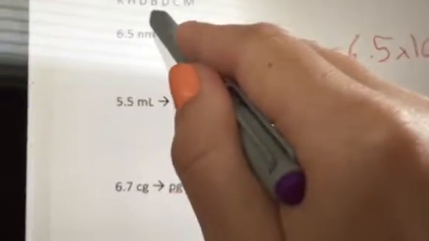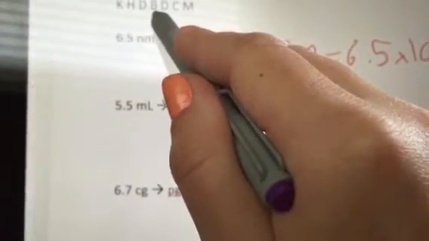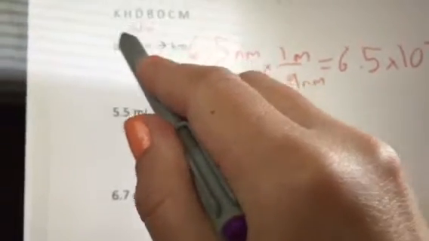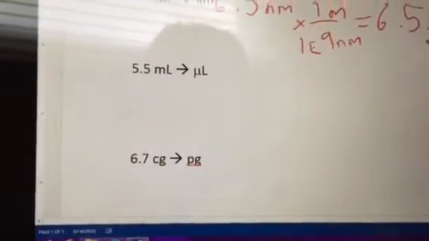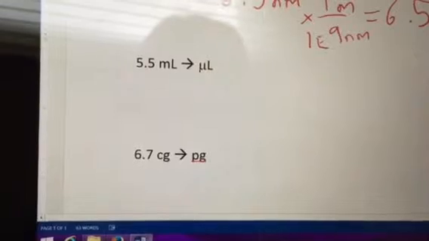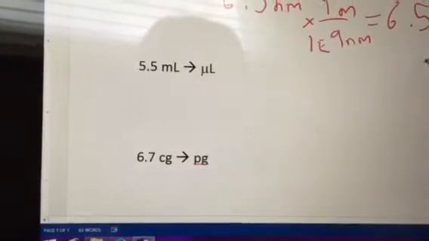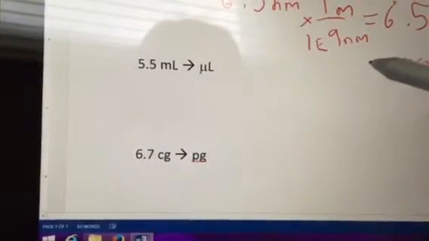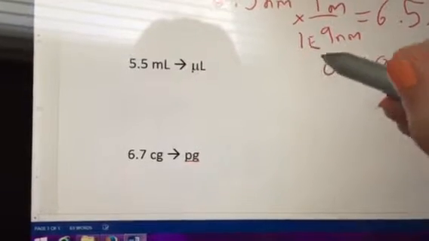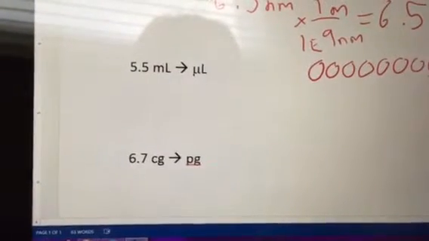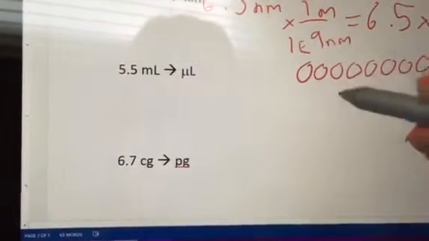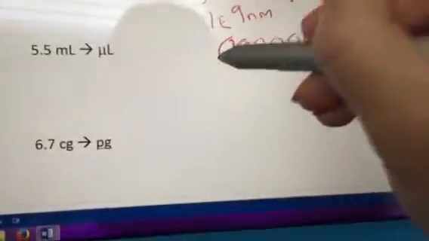Now, if I use King Henry died by drinking chocolate milk, I would move my decimal place 1, 2, 3 to the left. So if I write this out using non-scientific notation, 1, 2, 3, 4, 5, 6, 7, 8, 9.